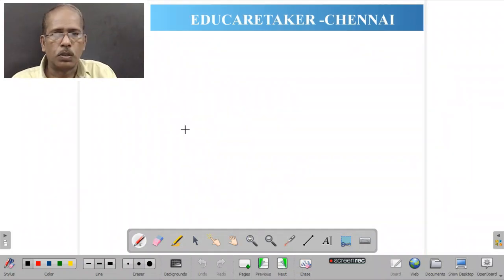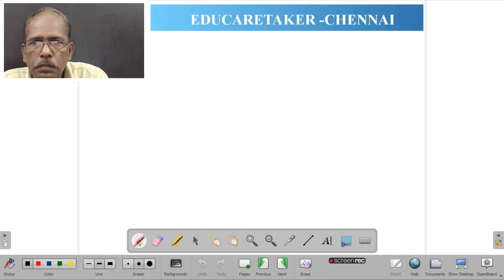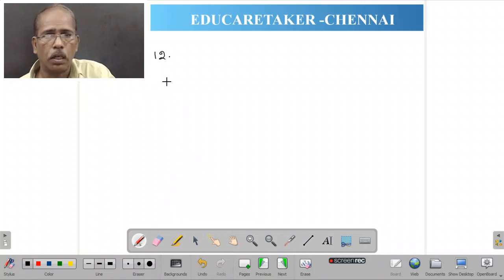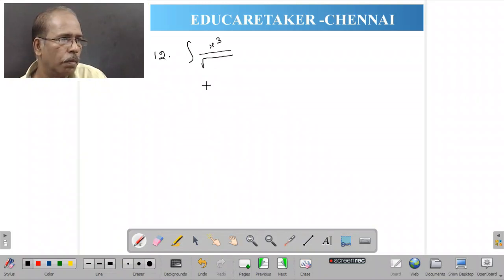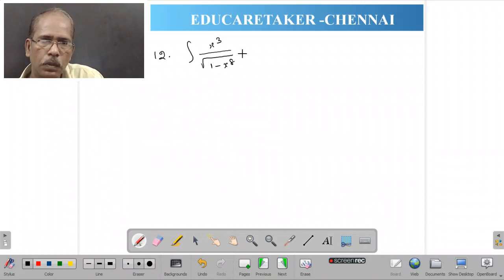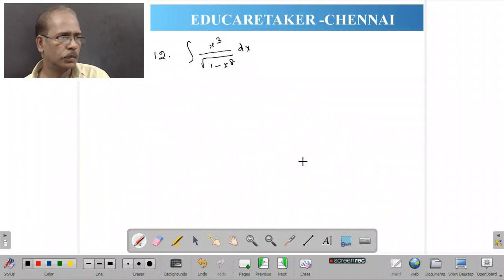In question number 12, the integral of x cube over the root of 1 minus x power 8 dx.